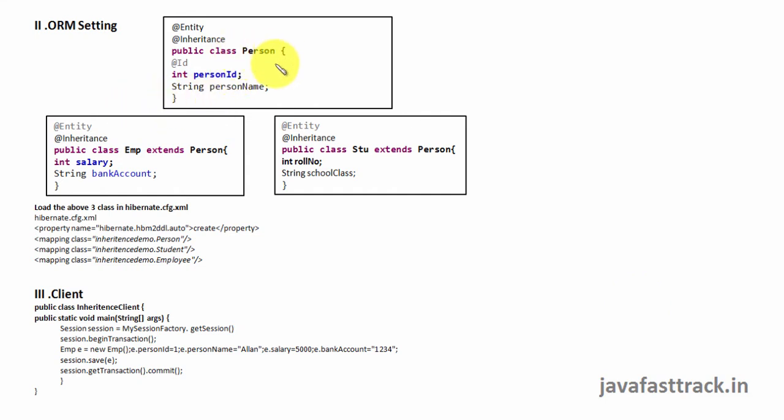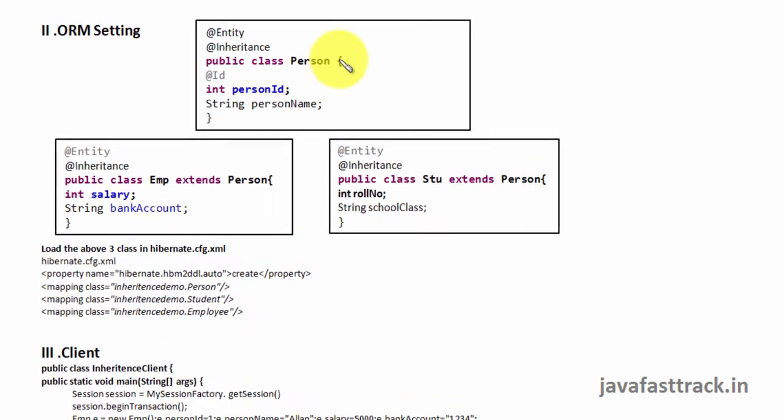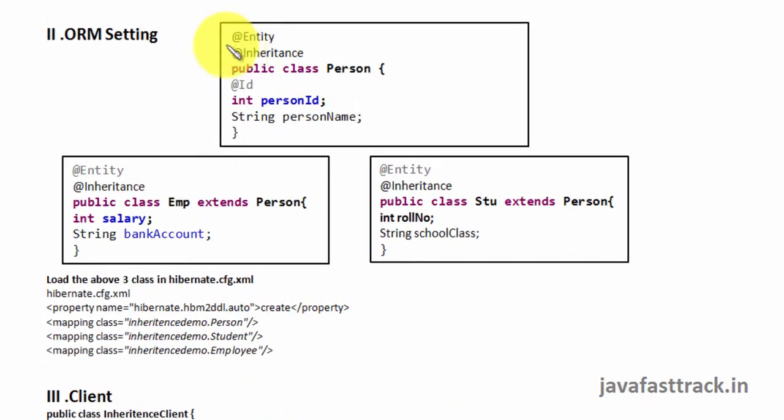It's very simple. We have the person class, employee class, student class. You know that any class which has to be persisted in the table, you must annotate with the entity annotation. The person is marked an entity. Employee is also marked an entity.